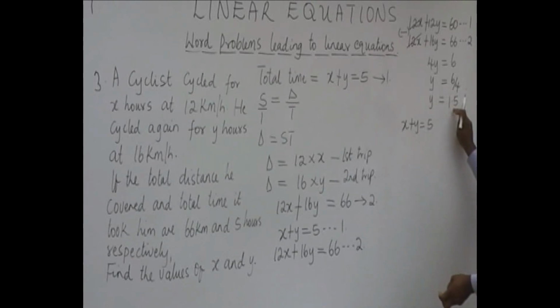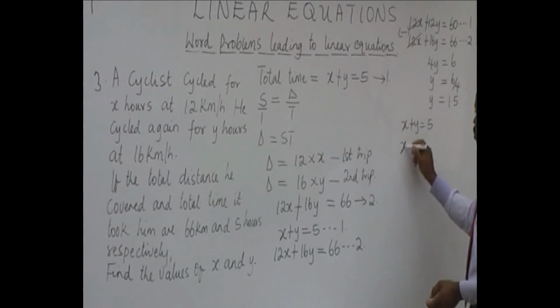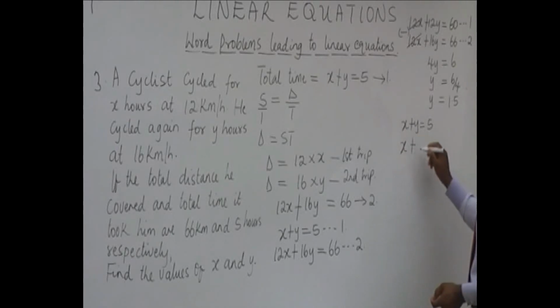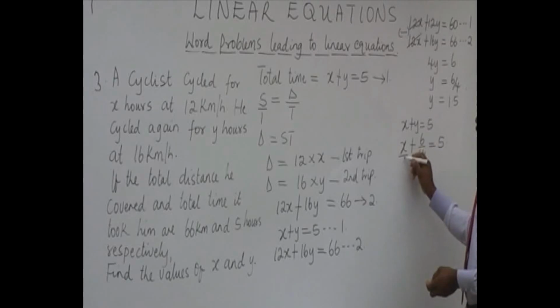So substitute y so that you can get the value of x. We're going to have x plus, I want to use 6 all over 4, which is the same thing as 1.5, is equal to 5, which is all over 1.